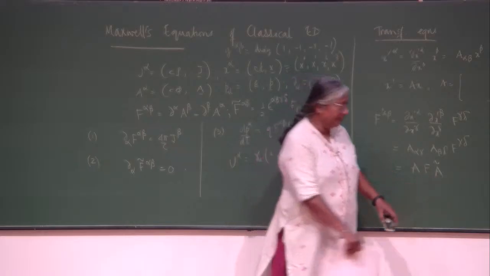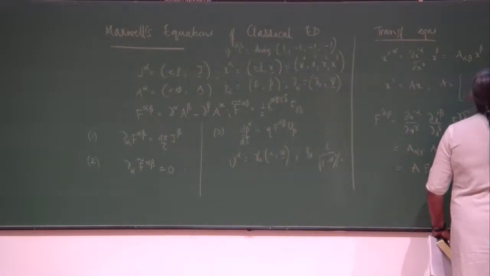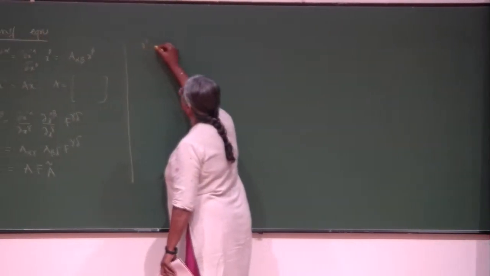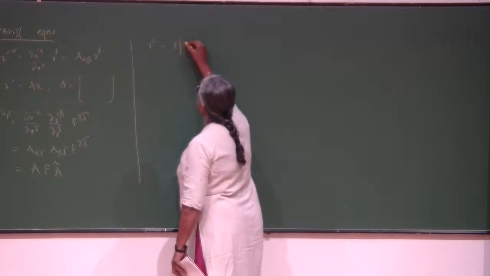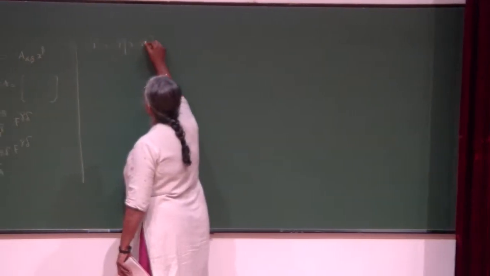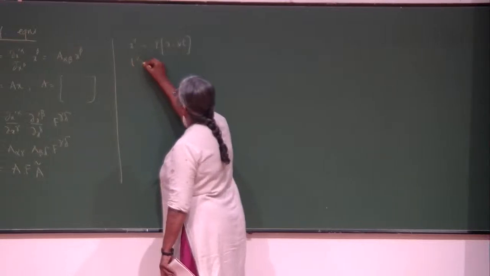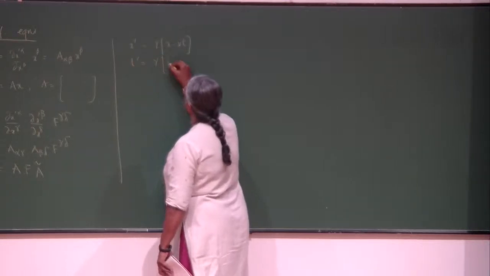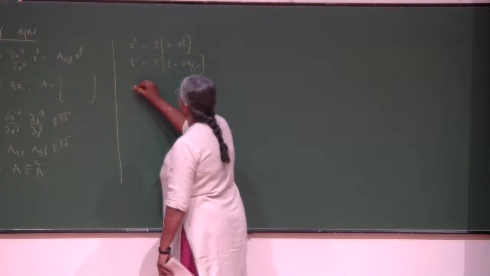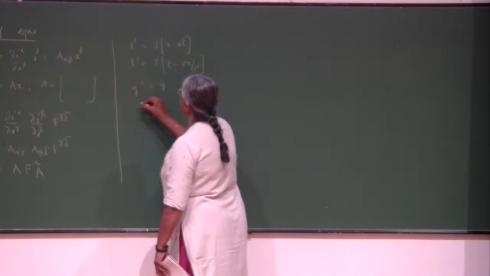And we will always take, for this little mini series, the simple Lorentz transformation. What did we have? We had x prime is equal to gamma times x minus v t, t prime is equal to gamma times t minus v x by c squared, y prime is equal to y, z prime is equal to z, right?